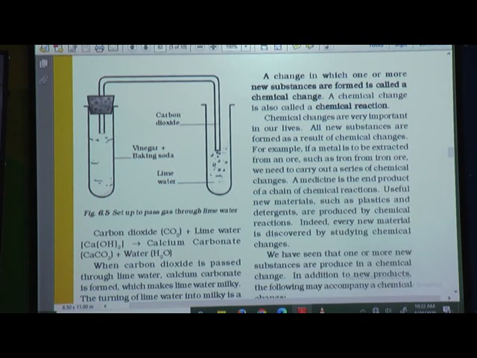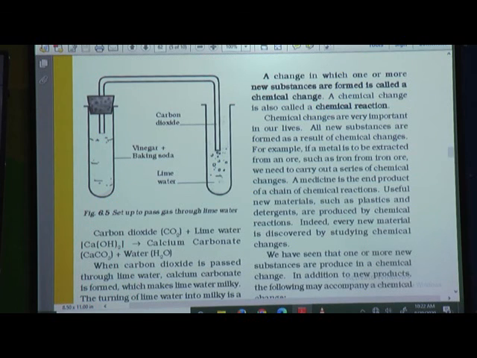Because whatever gas is going to be produced here, CO2 is going to be produced here, and that CO2 should not be released into the air from this test tube. That is why we block this test tube with this wooden block, and only through this wooden block we adjust this glass pipe, which goes into another test tube.